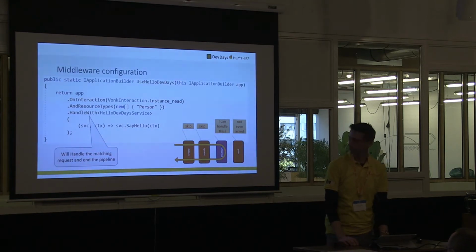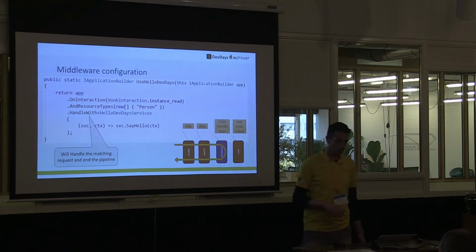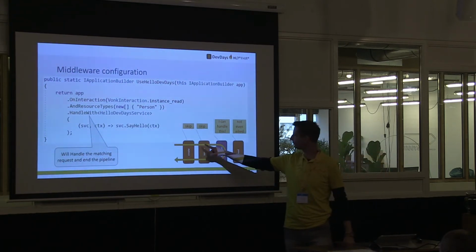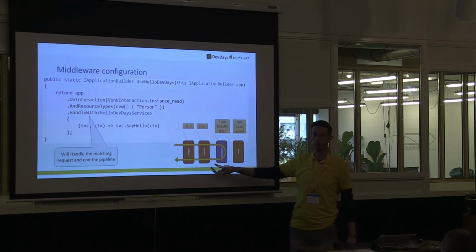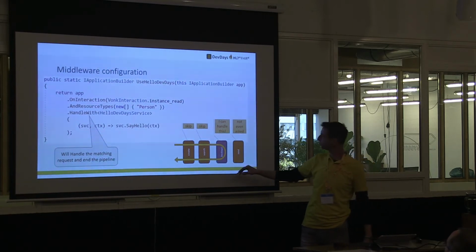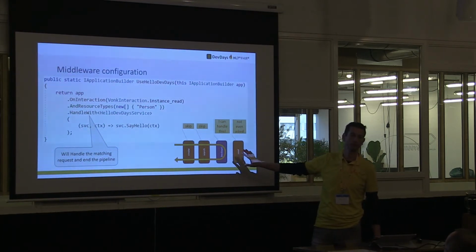Then the middleware configuration, I want it here. So I need an order to get it there. And that's how the pipeline works. As soon as one of the components says, I know how to handle this, then the rest will not get a chance. So that's why it's so important where to put it. If I were to put my Hello DevDays service behind the normal read service, the read service would always catch it first.